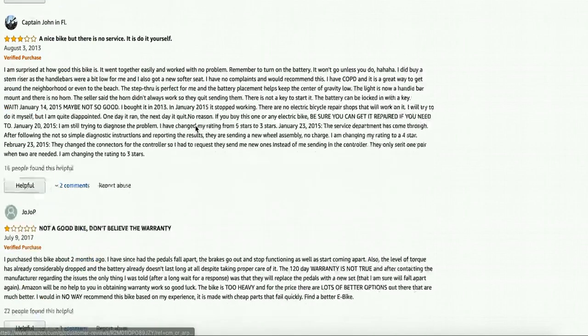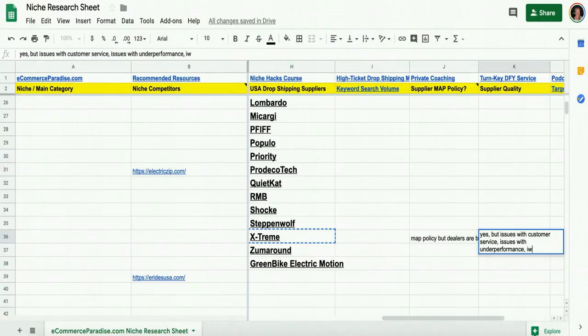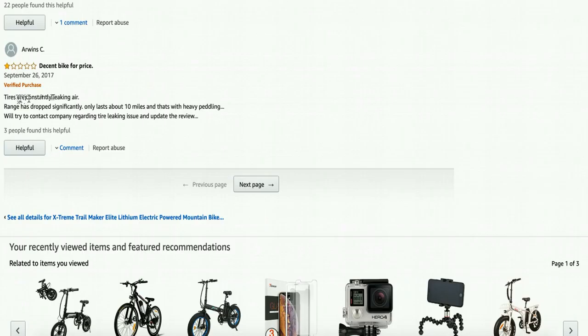No service to do it yourself. Don't believe the warranty, so issues with warranty. Decent bike for the price. Tires are constantly leaking air, so there's component issues.